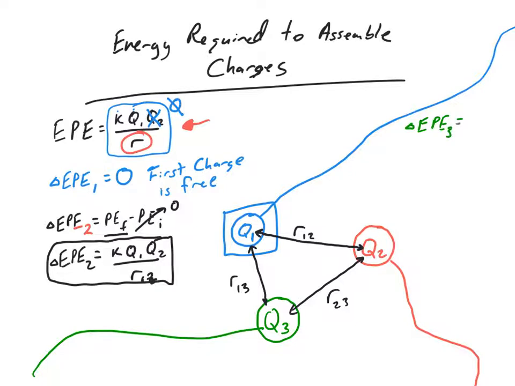How much energy does it take to bring in the third charge? Well, the 1 and 2 did not change at all. The only change we have is any interactions involving Q3 and the other charges. So there's a change in electric potential energy 1,3, and there's a change in electric potential energy 2,3.